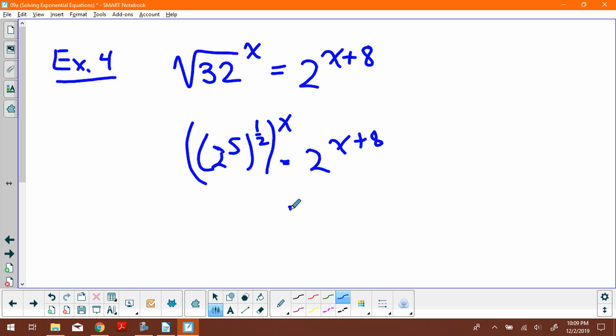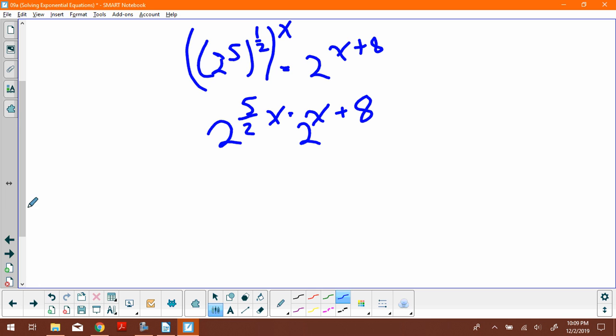Now tidying up the left-hand side a bit, I can multiply those exponents together. So I get 5 over 2x is equal to x plus 8. The bases will be the same now. Now, there's a bit of a jump there. Maybe I'll just throw in that's 2 to the power of that and 2 to the power of that.